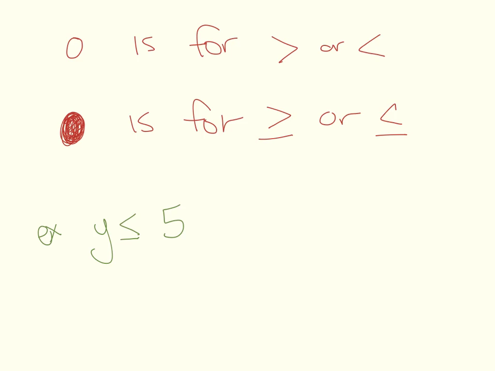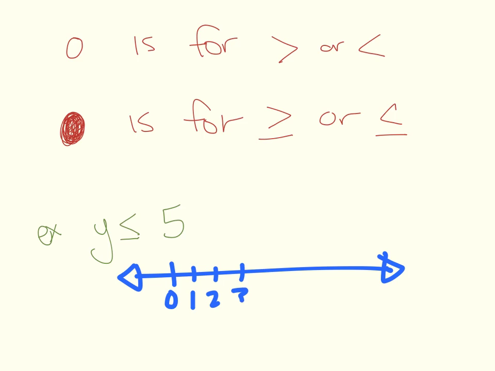So for example, y is greater than or equal to 5. I would have my number line like this. This is just a quick sketch. 0, 1, 2, 3, 4, 5. Now 5 is greater than or equal to, then I would come in and give myself a closed-in circle, and y is anything greater.